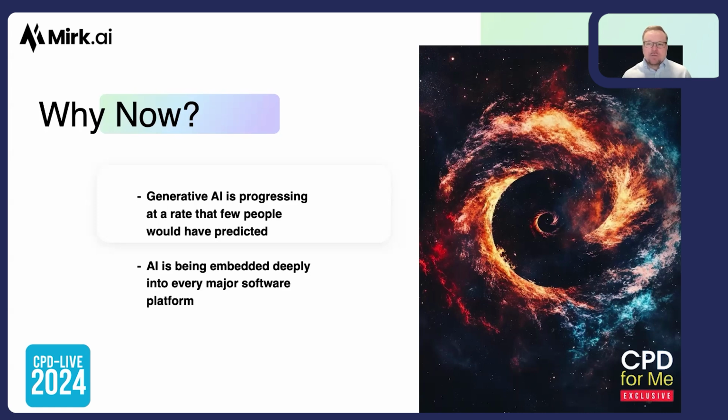And it's really been that rate of growth and the rate of adoption that I think has thrust AI into the media because of generative AI, and also because it's literally impossible, if you use the web, if you use major platforms like Microsoft Office and Google Workspace, to avoid AI because it is being embedded deeply into every major software platform.